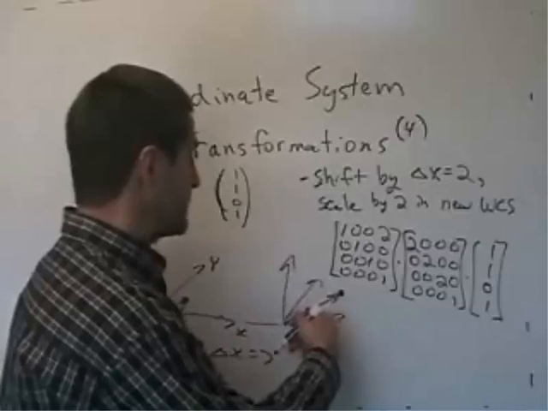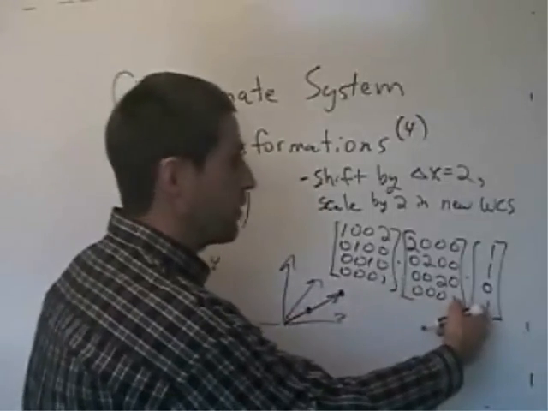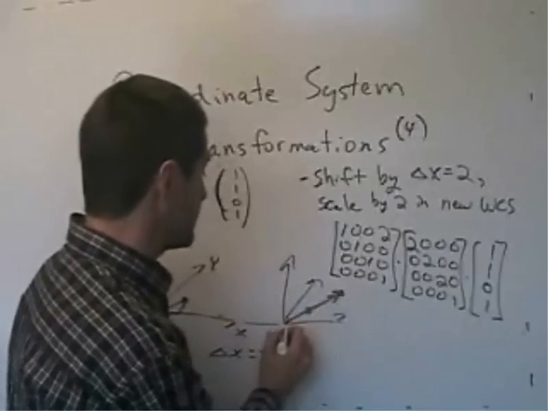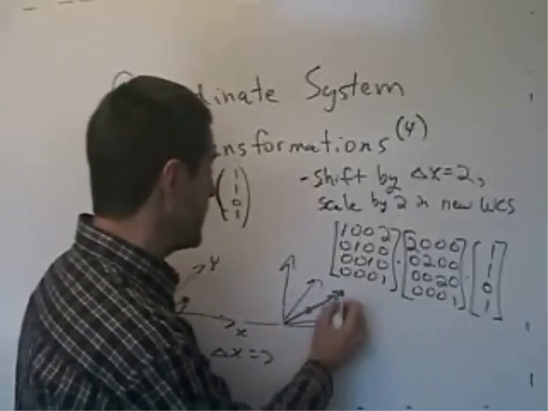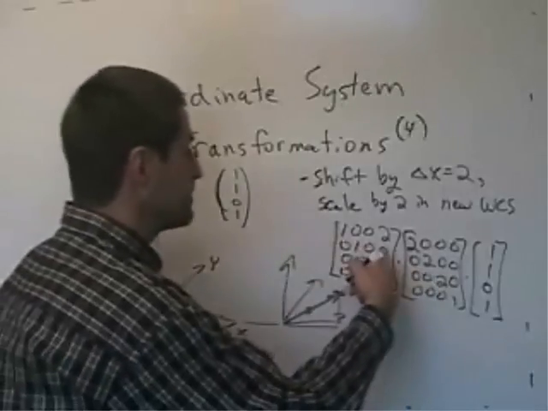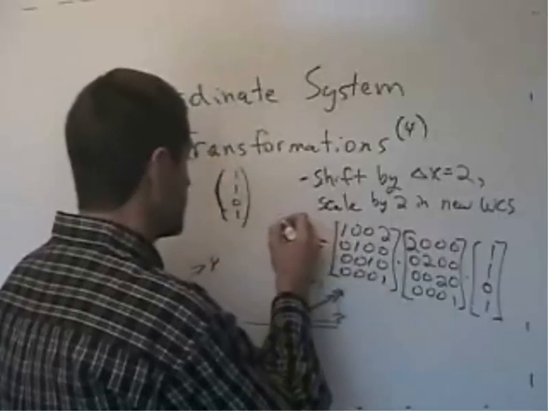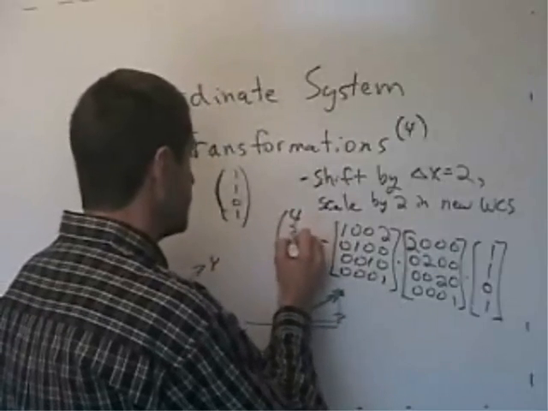So the first thing that happens to our vector, our 1, 1 vector, is it gets doubled to 2, 2, right? Because that's what we see relative to this new coordinate system. It's now 2 by 2. And then it gets shifted by 2. So the result we get is essentially 4, 2.